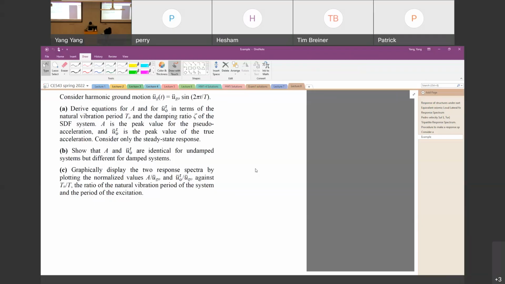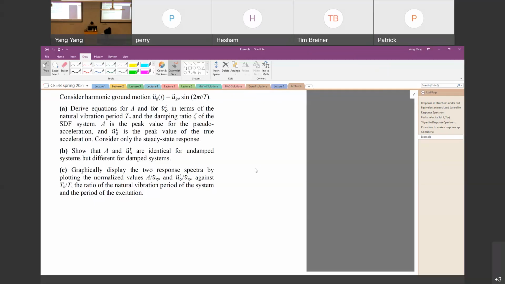We are only required to consider the steady state response. Part B, we need to show that the amplitude and the maximum acceleration are identical for an undamped system, but different for a damped system.